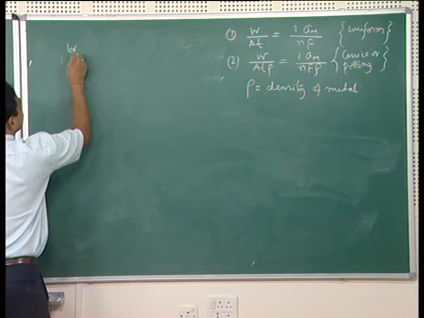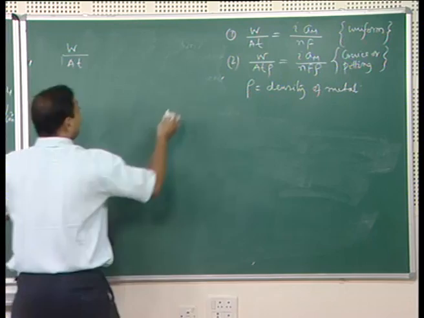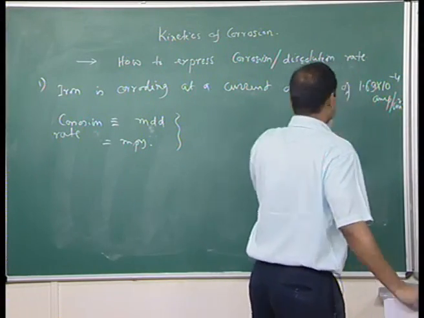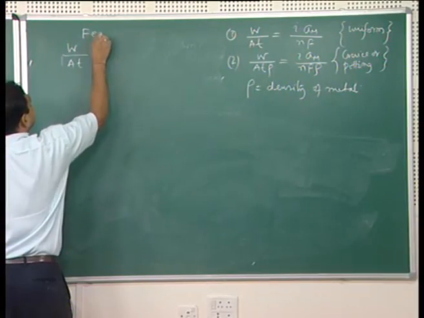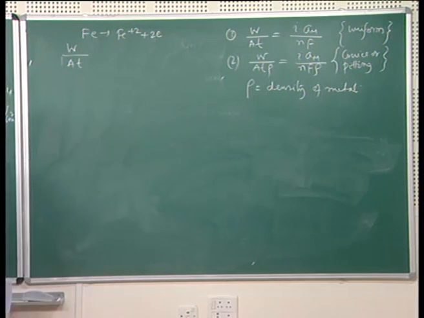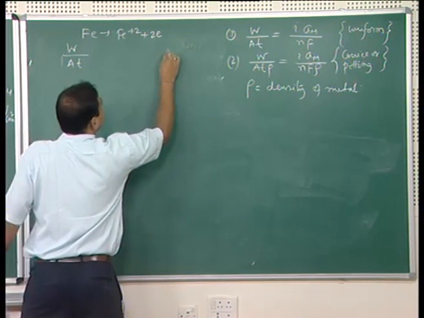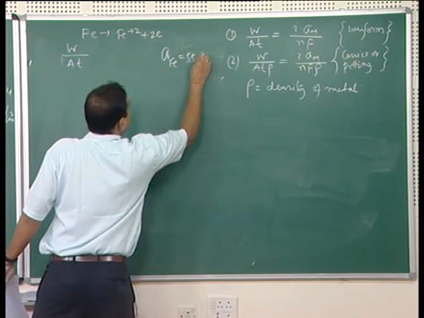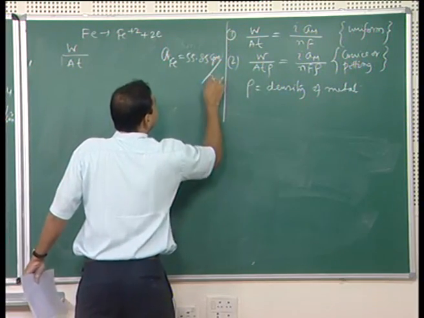So, I will use the first term, and here the only thing I know is the current density, and other things. In case of iron, we know that iron is dissolving in this way, and I know the atomic mass of Fe, 55.85 gram per mole.